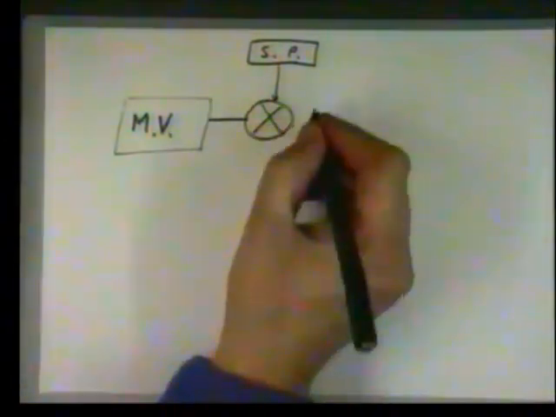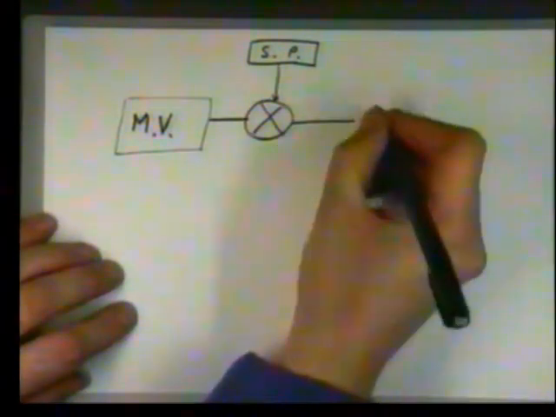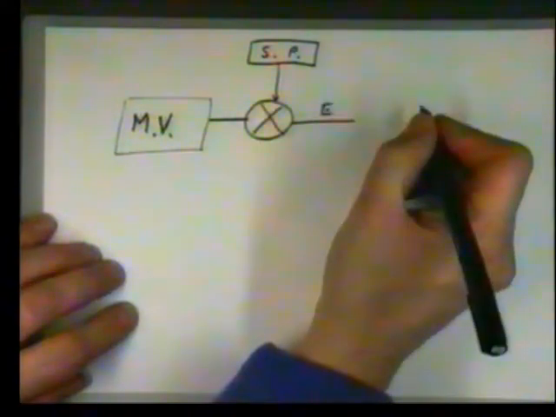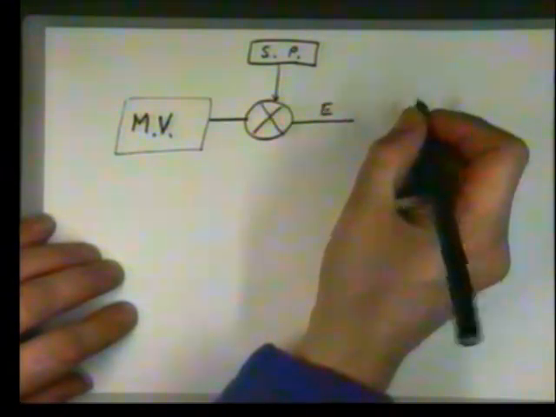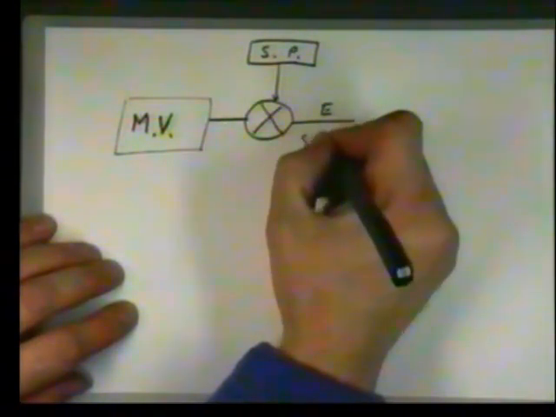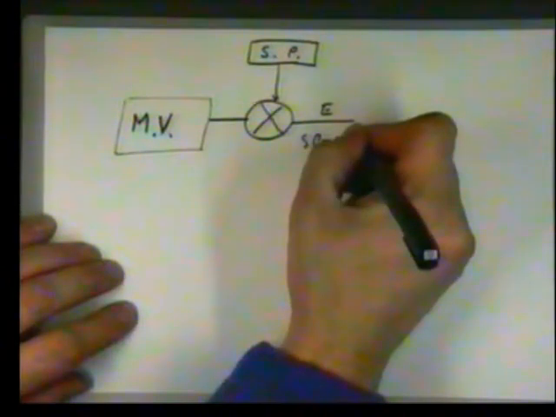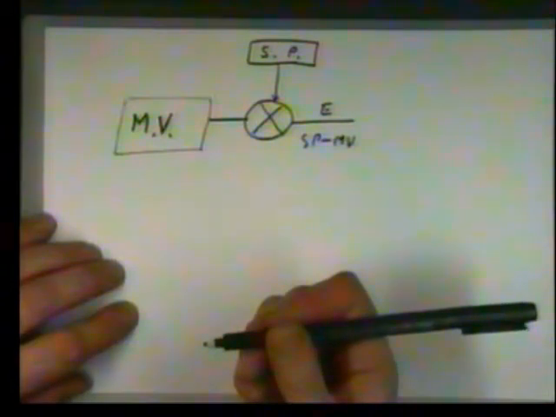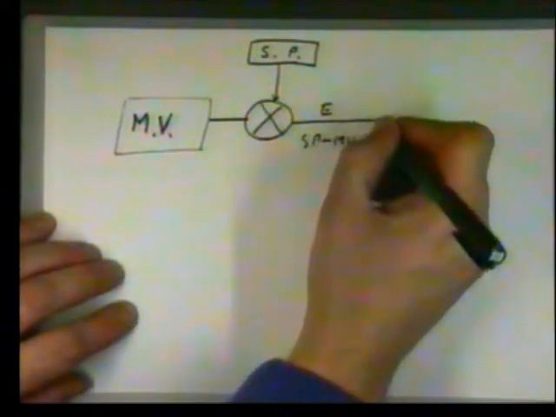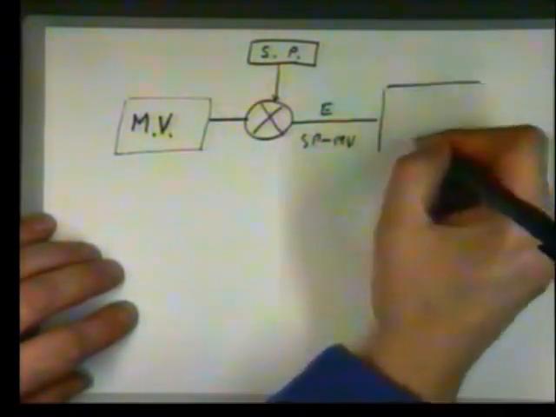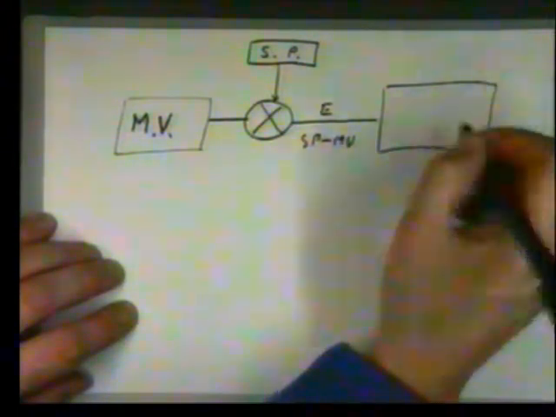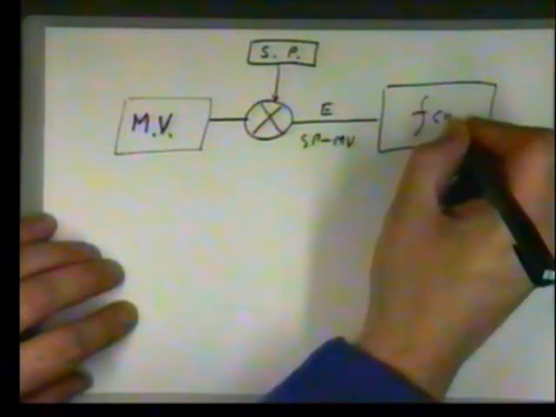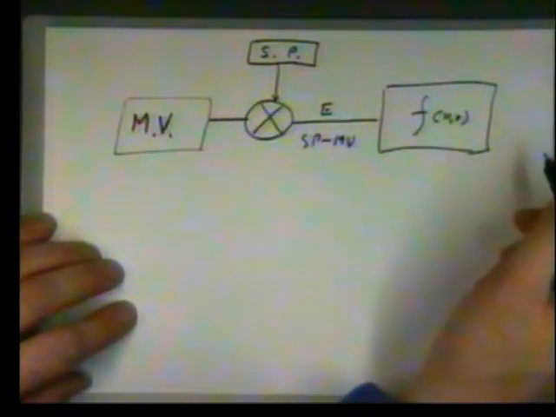This is the reality. The output of that will be an error. What is the error? The error is defined as the set point minus the measured variable. So if you're below the set point, that's always a positive number. That error signal goes into some function of time and displacement, whatever that is.